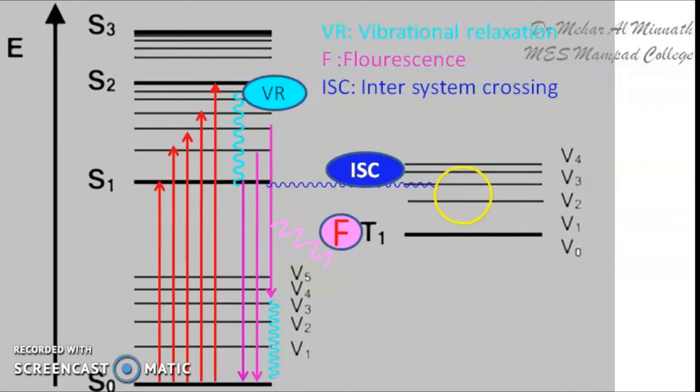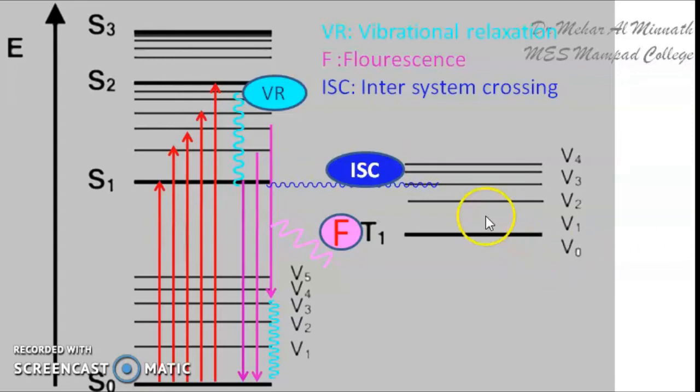Now, since it is a transition between the states of different multiplicity, intersystem crossing takes a bit of time. It is slower than vibrational relaxation or fluorescence.